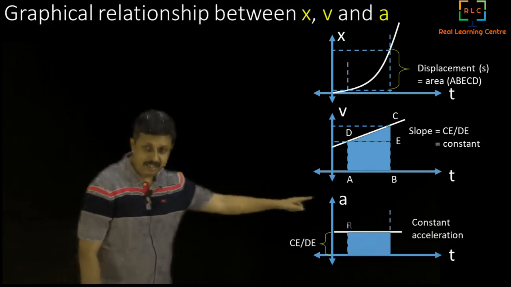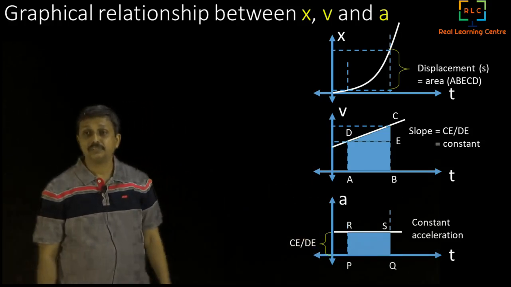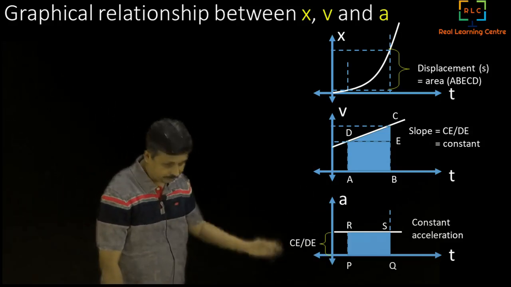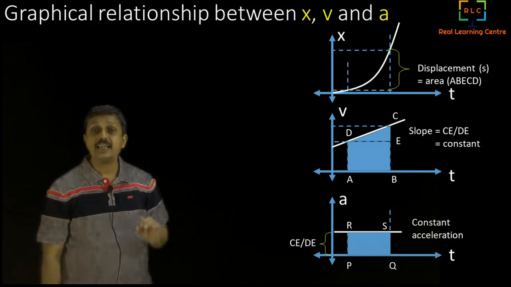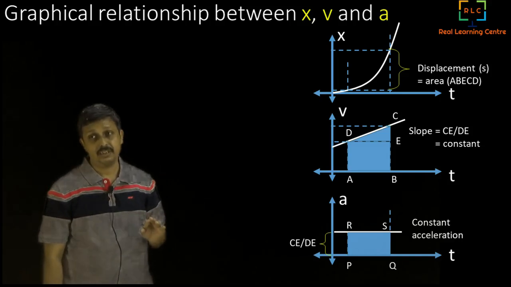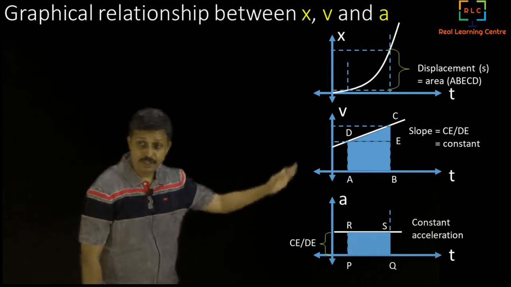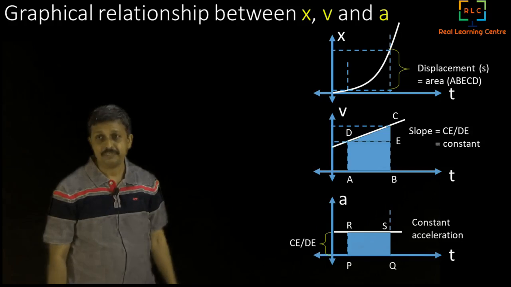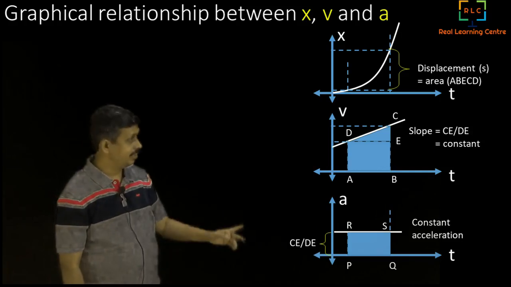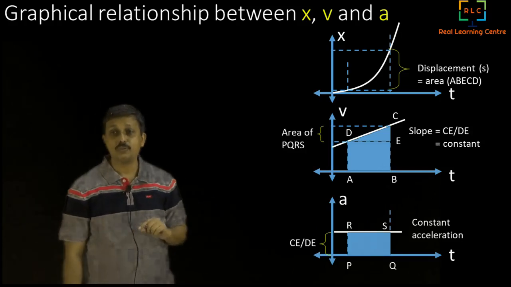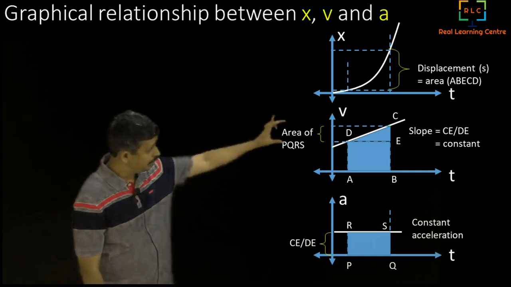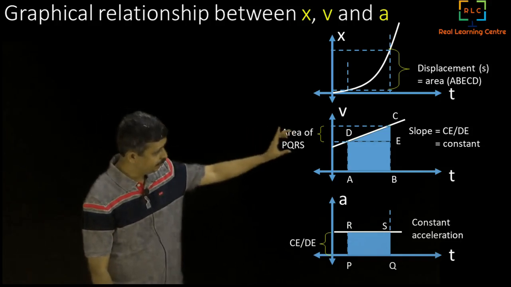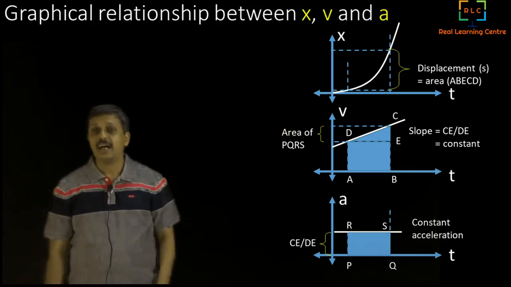So you make an area there on the A line, what we call PQSR, and that area is nothing but the velocity at the later point, that is point B. That area would be equal to that small jump from D to C. The CE height will be equal to that area, and that is quite obvious.